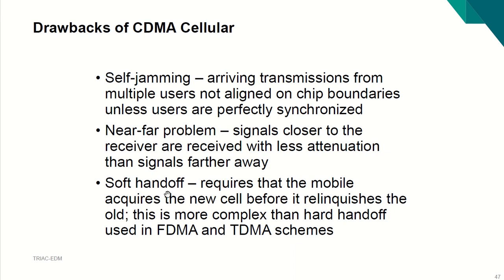And soft handoff requires that the mobile acquires the new cell before it relinquishes the old. So let's say you are moving at the boundary of your cell, then you need to acquire a new cell before it relinquishes the original one. And this is more complex than the hard handoff used in FDMA or TDMA schemes.